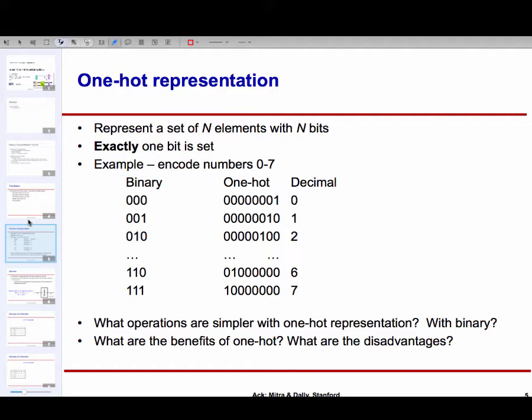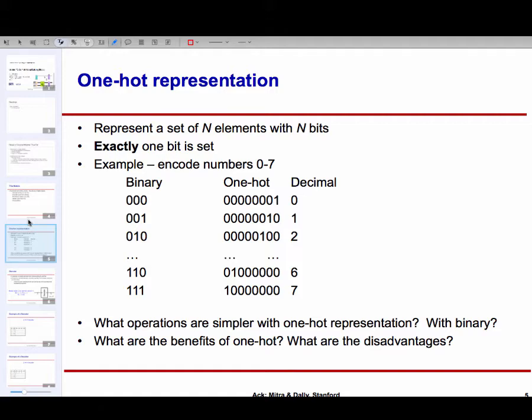There are many different ways I can map numbers to bits. Let's say I have a set with n elements. These could be integers from 1 through n, or n fruits or n colors or whatnot, and I want to represent them digitally.